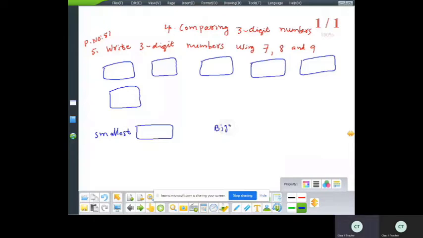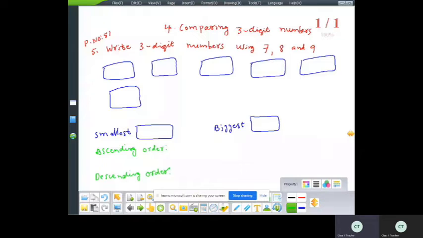For these numbers, we arrange in ascending order and descending order. This is question number 5.